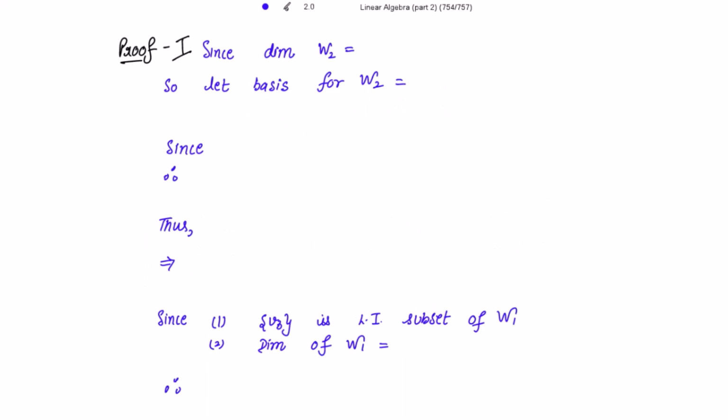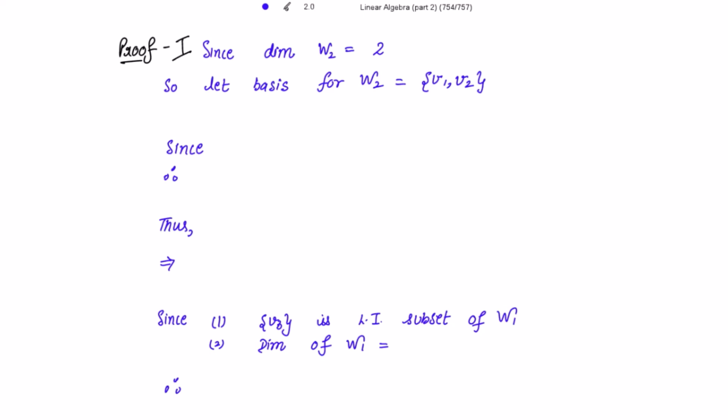Now let's focus on the subspace W2. Since the dimension of W2 is 2, which means the number of elements in its basis is 2. So let the basis for W2 be, let's say, V1 and V2, right?